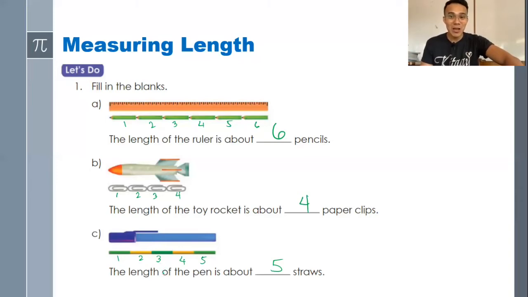Do you think we're still going to get 5 paper clips here? I don't think so. So I will leave it to you. Why not try to get a pen or a ball pen and use paper clips to measure its length? And you just tell me your answer when we have our Zoom classes.